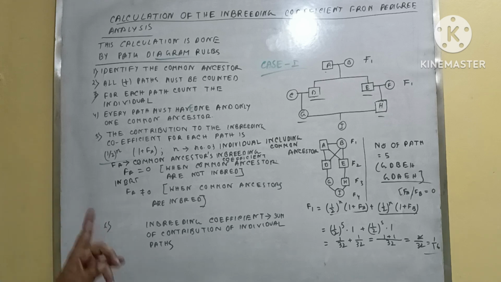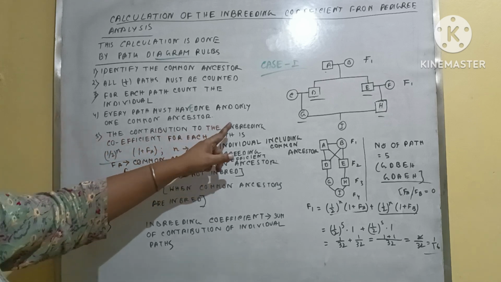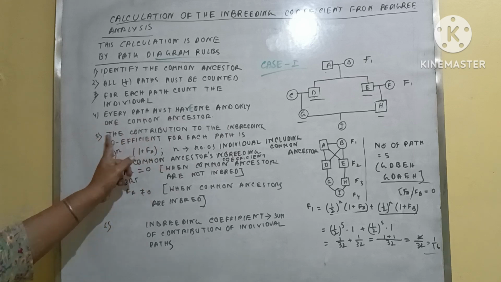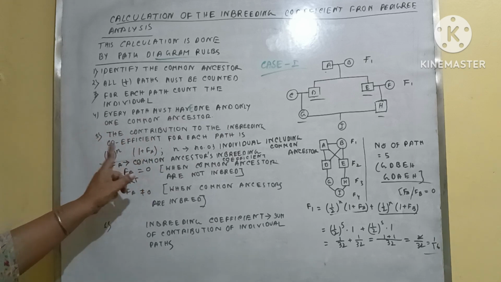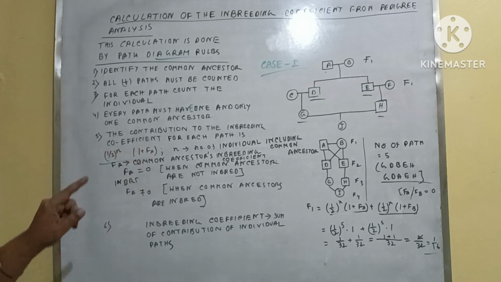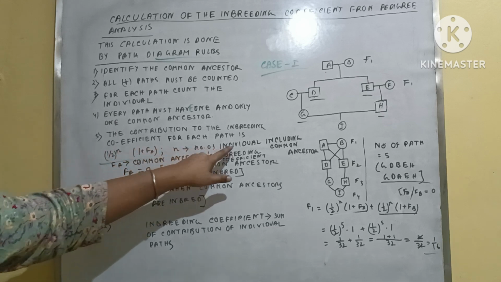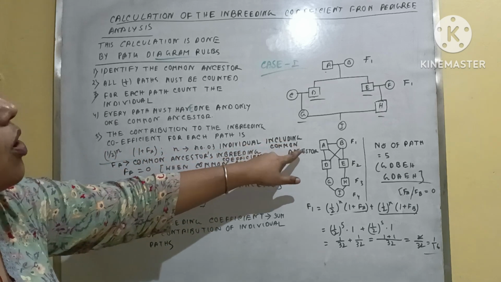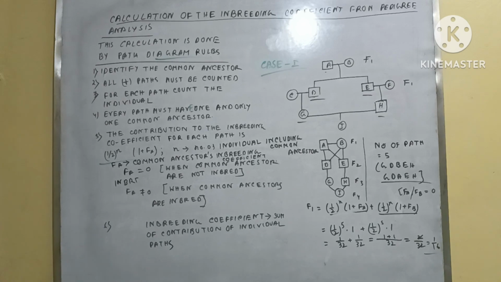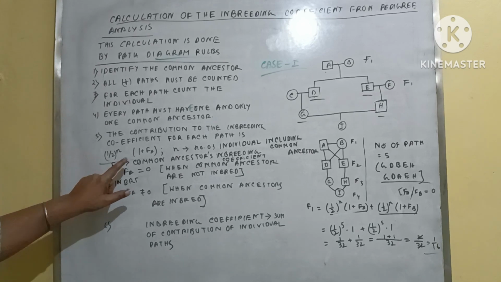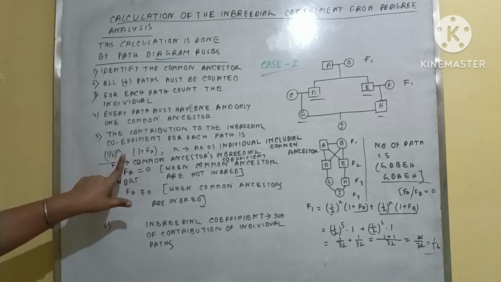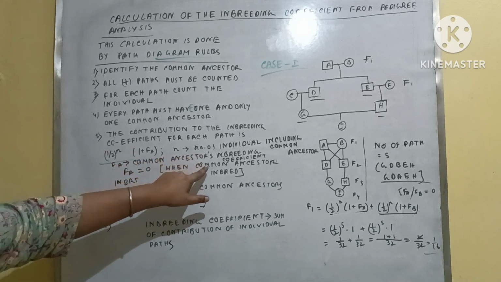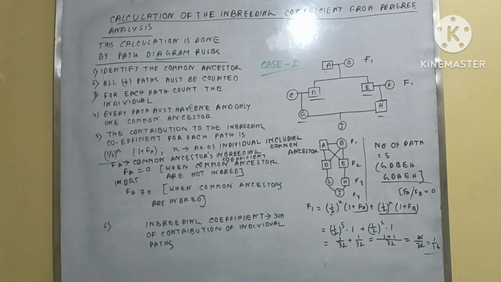Only one. The contribution to the inbreeding coefficient is calculated by the formula (1/2) to the power n times (1 plus Fa). Here n is the number of individuals including the common ancestor, and Fa is the common ancestor's inbreeding coefficient.